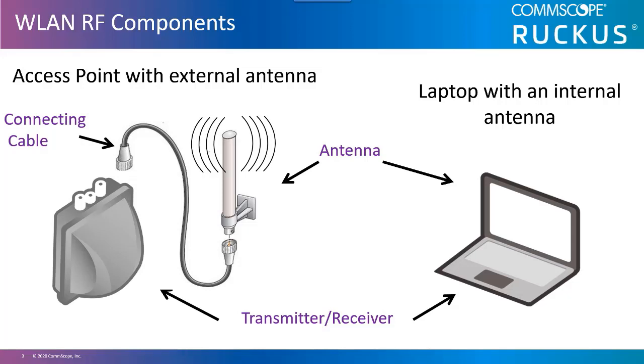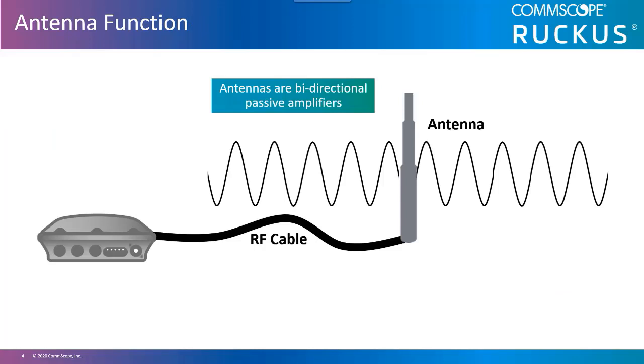Antenna function. It is important to know that antennas are bidirectional passive amplifiers and are used in both transmission and reception of RF signals. Antennas are connected to a radio transceiver via an RF cable and convert electromagnetic current into RF waves.